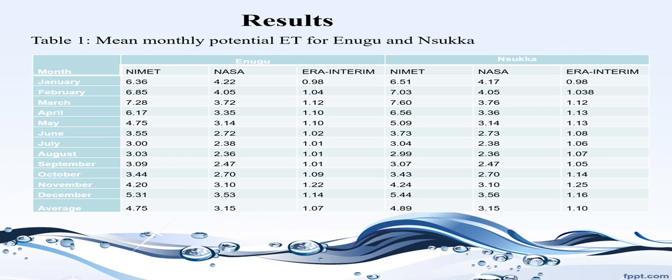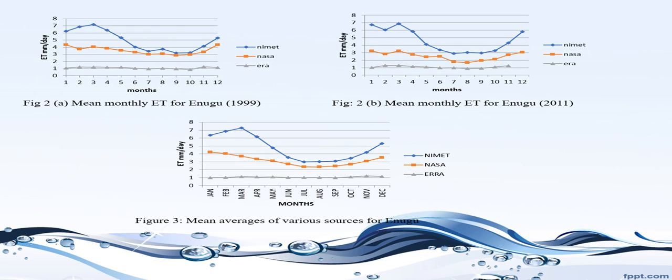And looking at the values, you agree with me that for Enugu and Nsukka, NIMET always has the highest value, followed by NASA and ERA interim. The values of NIMET and NASA are much closer compared to that of ERA interim.